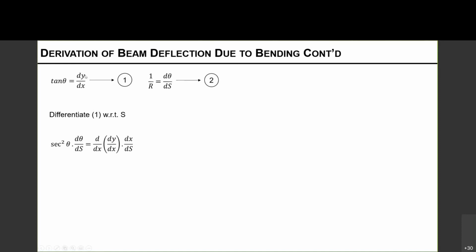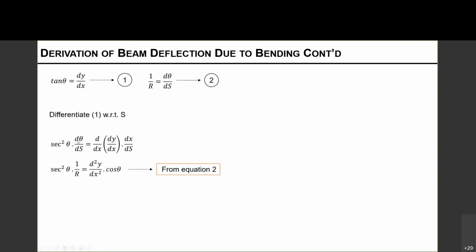This is differentiated by itself, which is d over dx, dy over dx times dx over ds. Again, I am using the chain rule to evaluate this derivative.